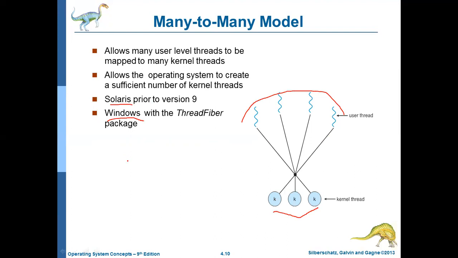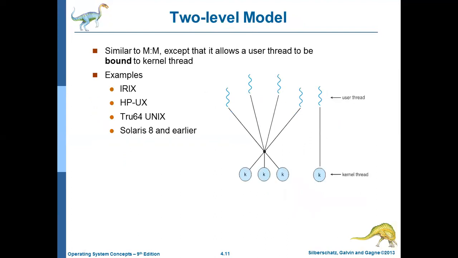So what is the advantage of this many-to-many model? We will see from the two-level model that we are going to discuss now. In the two-level model, we have two levels. This is the many-to-many, and this is the one-to-one. Many-to-many combined with one-to-one gives us a two-level model.